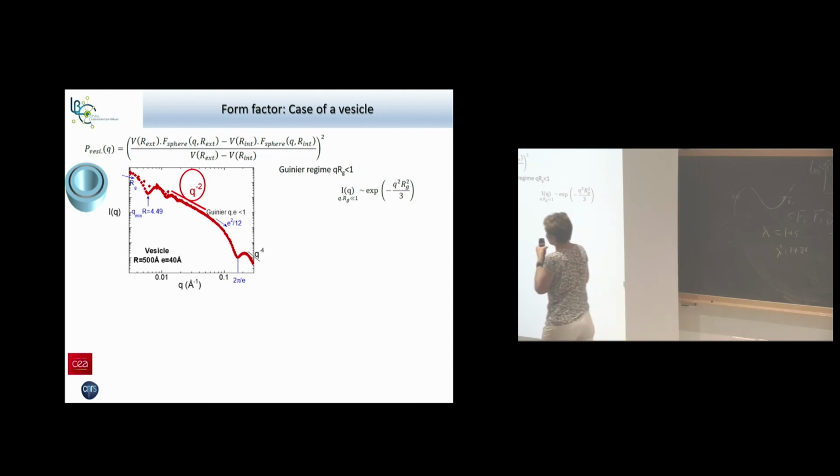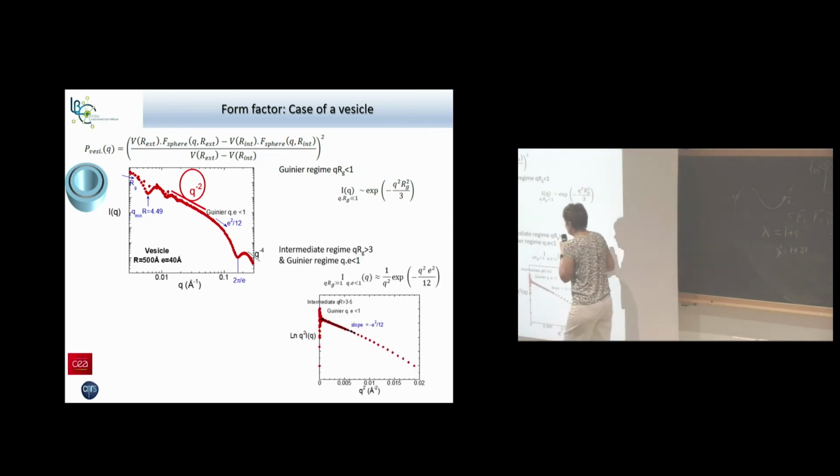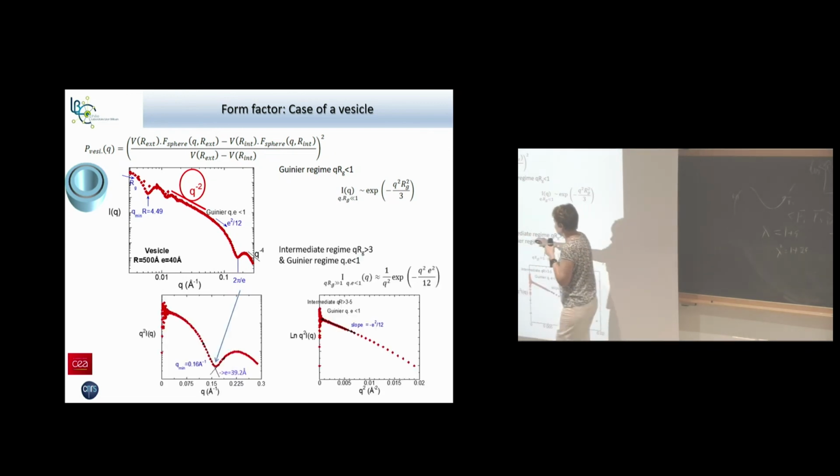So here we play the same game: the radius of gyration gives the mean size, the mean radius of the vesicle, and at large Q we are looking close to the membrane, and this big expression is derived like this, where E is the thickness of the membrane.